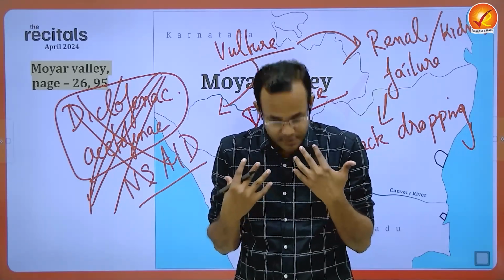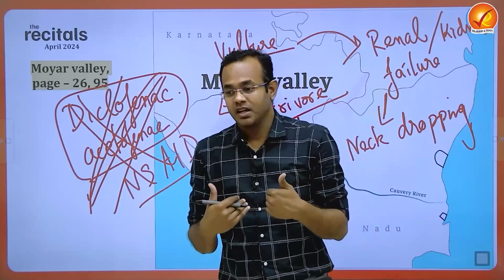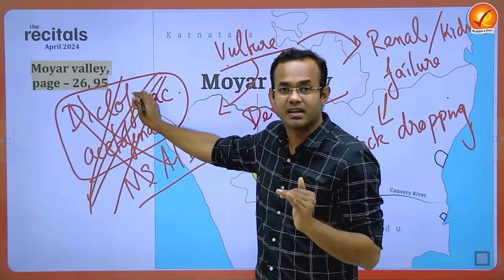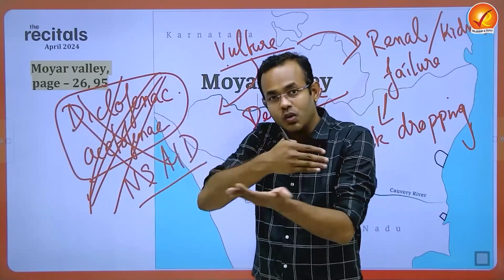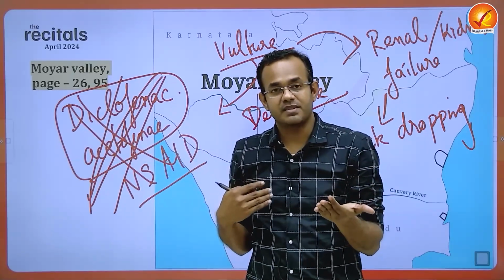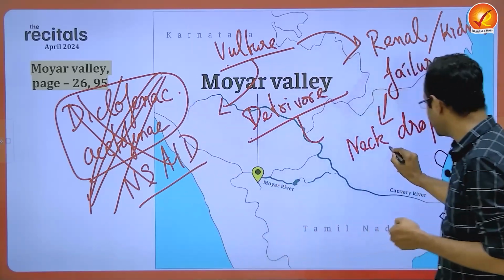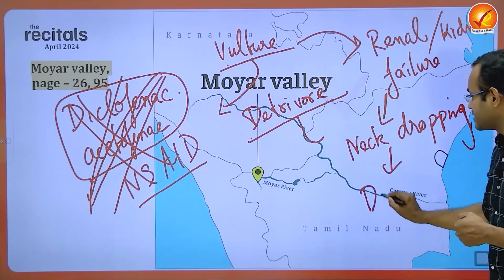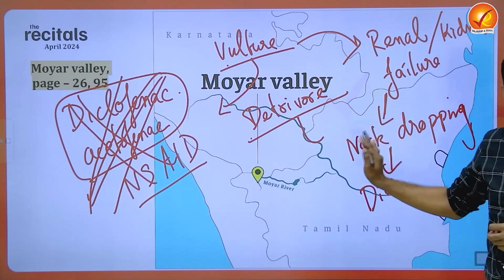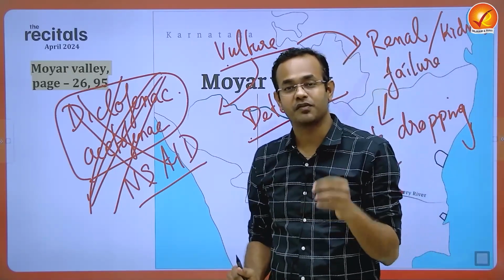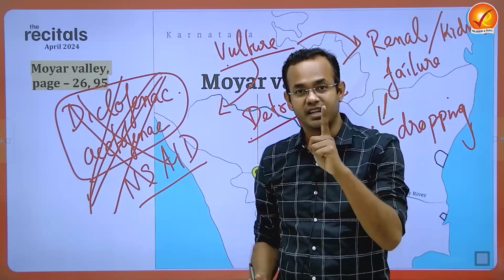A vulture which has neck drooping, we can understand that this animal has consumed the drug diclofenac through its food chain, and it has affected the kidney failure and neck drooping. Followed by the neck drooping, the vulture dies. This one mechanism has resulted in the death of more than 99% of the population for some vulture species within a decade.